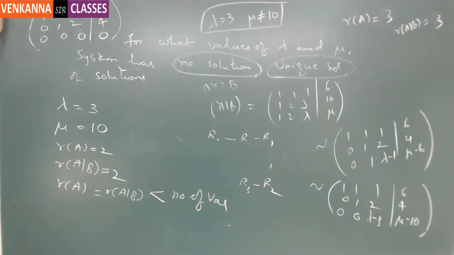So if you observe the problem, you are determining the values of lambda and mu so that the system has a unique solution, no solution, and an infinite number of solutions. Please understand that you are not determining the solution here because the problem does not ask for it. If it were asked, then you would need to evaluate the infinite number of cases, because you don't know what lambda and mu are in the previous cases.